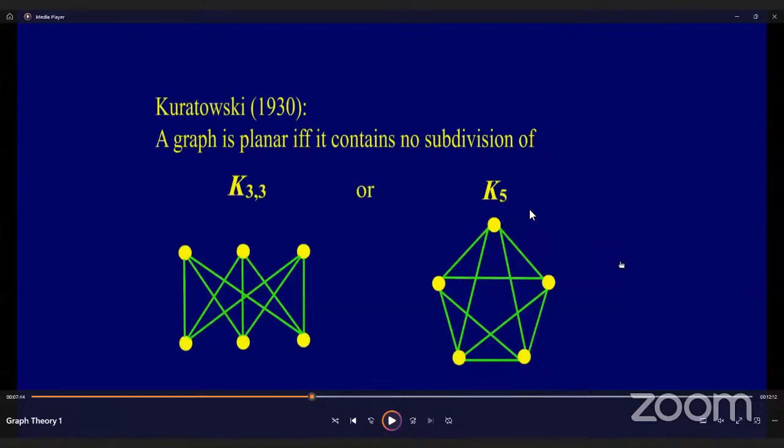K3,3 or K5 is not the same as K3,3 and K5, so they are different.